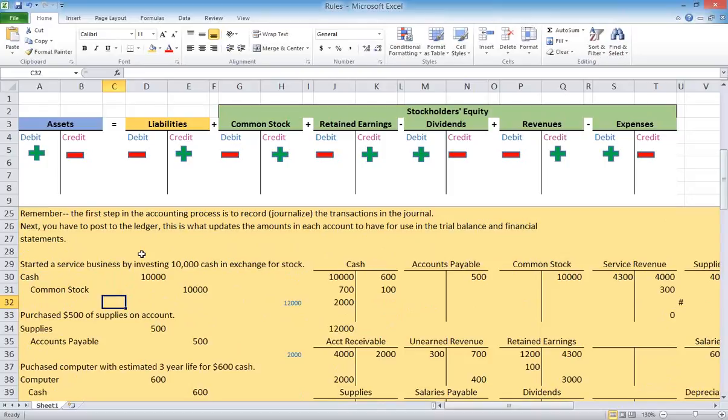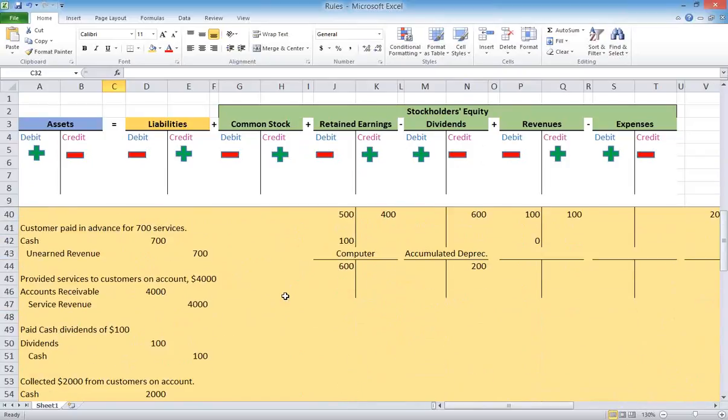It says I invested cash, so cash is affected, and I got stock, so that's common stock. So I have more cash, and the company has more common stock outstanding. Cash is increasing, which means it's our debit entry, and common stock is also increasing, which means that's our credit entry, and we just go through that whole process.